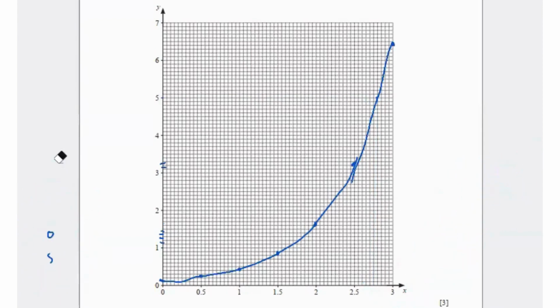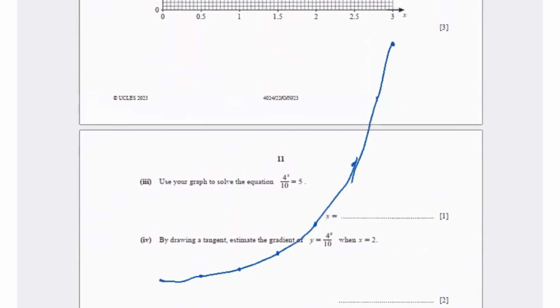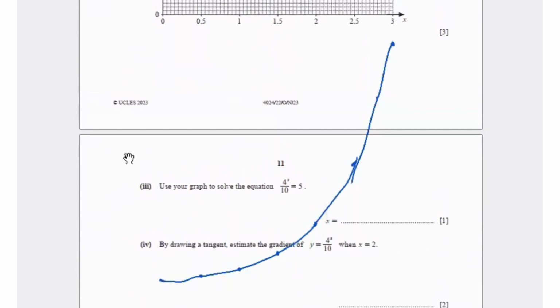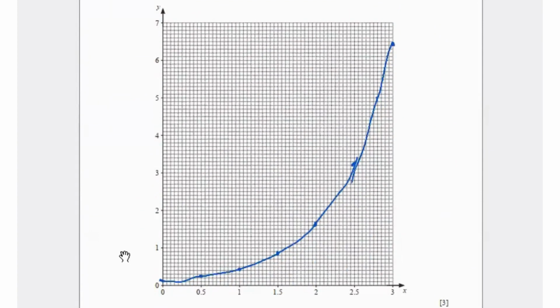After that, it says, by drawing a tangent, estimate the gradient of y equals 4 to the power of x over 10 when x is 2. So when x is 2, I'm going to draw a tangent over here.